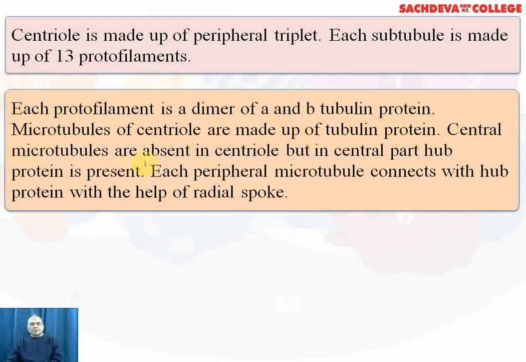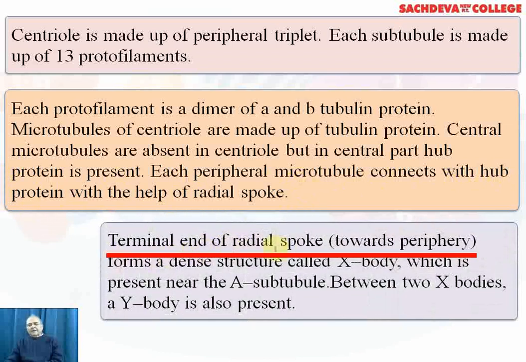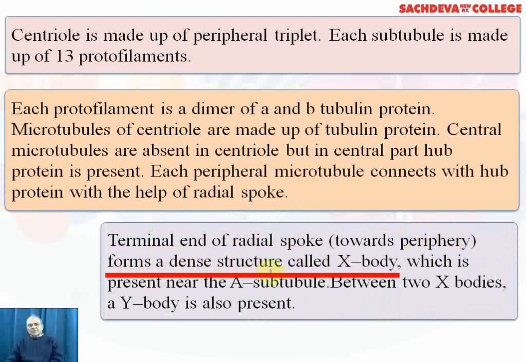Central microtubules are absent in centriole, but in the central part, hub protein is there. Each peripheral microtubule connects with hub protein with the help of radial spoke. The terminal end of radial spoke, that is towards the periphery, forms a dense structure called X body, which is present near A subtubule.